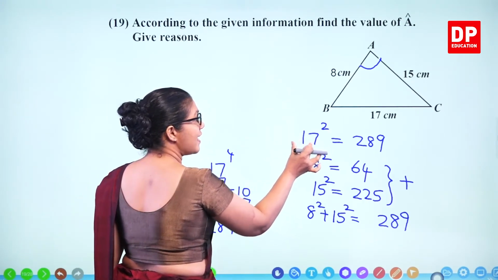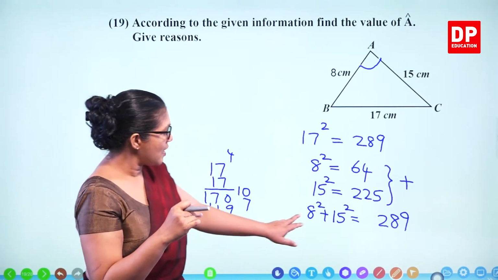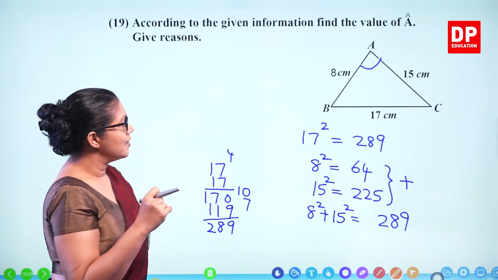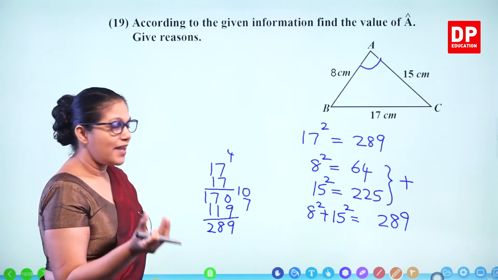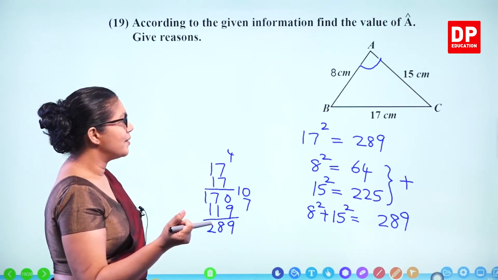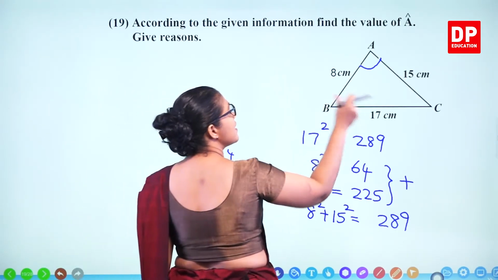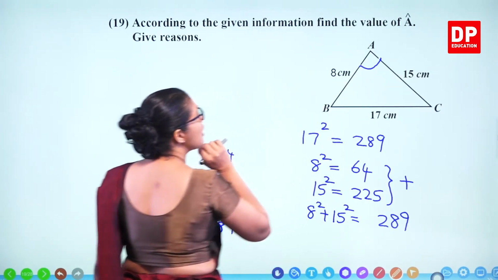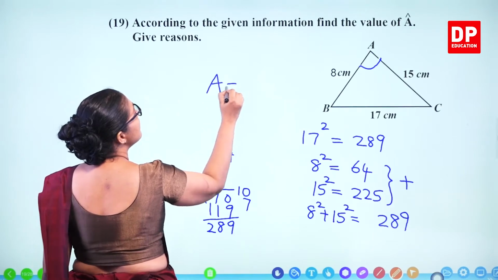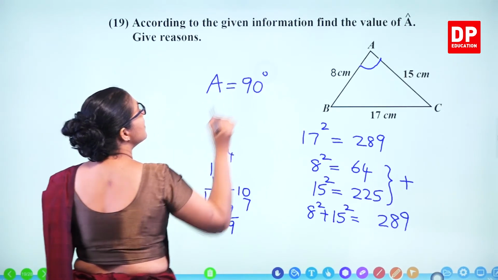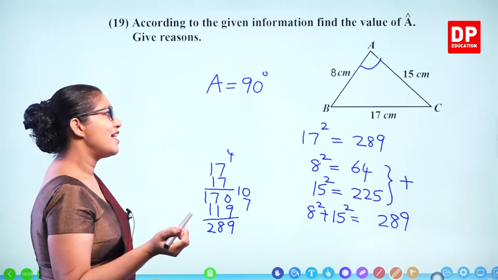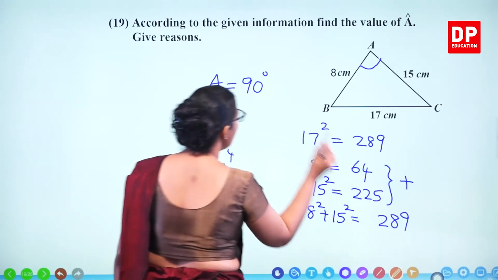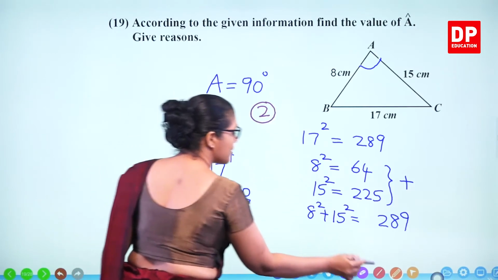The longest length squared is equal to the sum of the other squared lengths. So that means Pythagoras theorem is satisfied. So if Pythagoras theorem is satisfied, what can you say about angle A? A becomes 90 degrees. So this is related to Pythagoras theorem. So you get 2 marks.